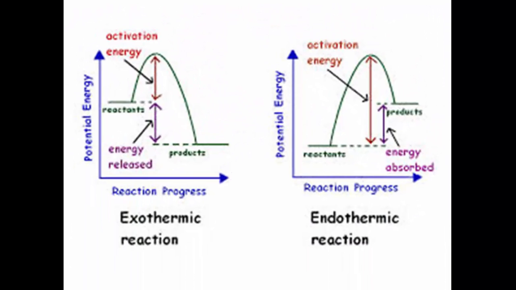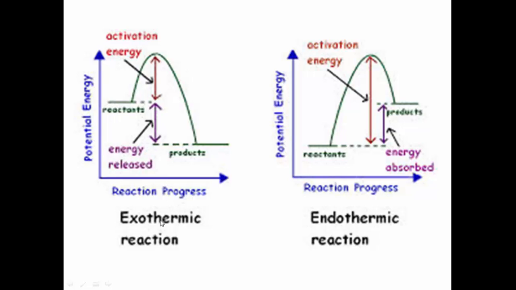Okay, so what exactly do those two things really mean when we're looking at a reaction? If you look at the exothermic reaction, on the bottom, on our x-axis, we have reaction progress. And then on the y-axis, you see potential energy. That would be like the amount of energy that it needs for the reaction to occur.